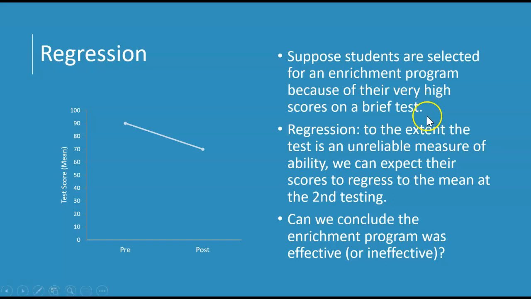That's unreliability of the measure. Because you give those tests at different times with a different random sampling of questions, you may see a regression to the mean, where people show a decrement in performance just because they're taking a second test that is unreliable.